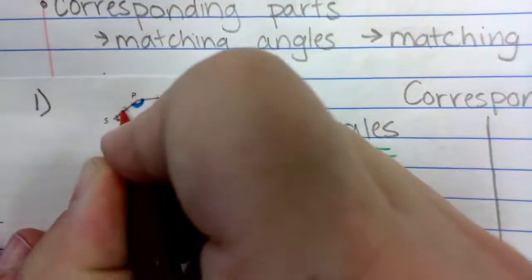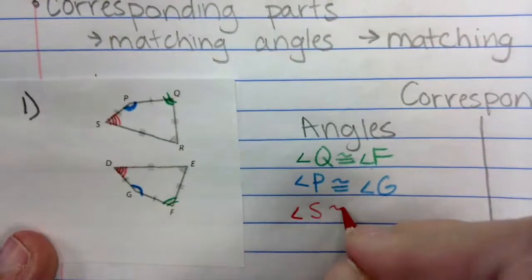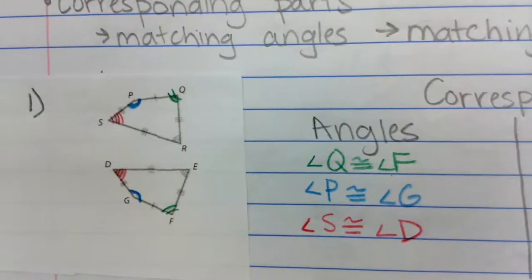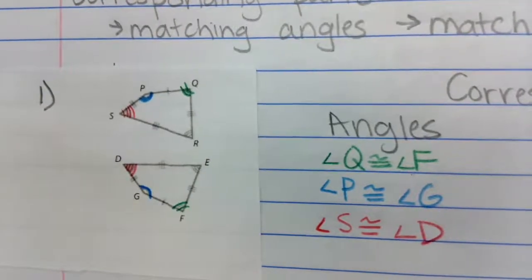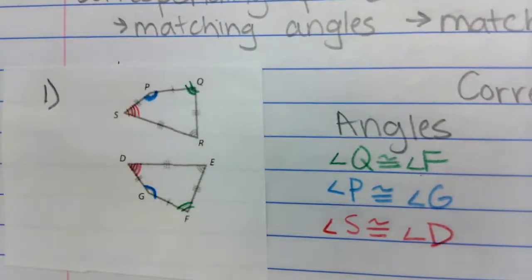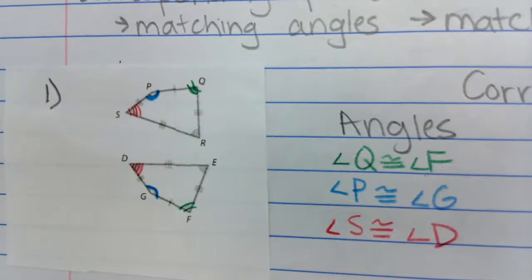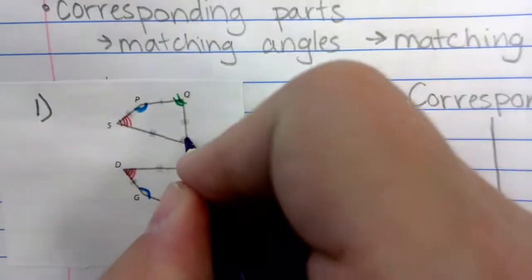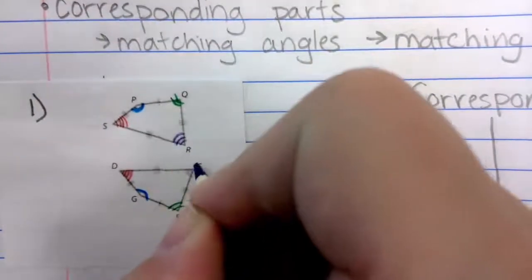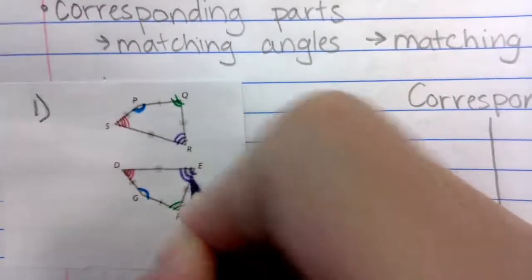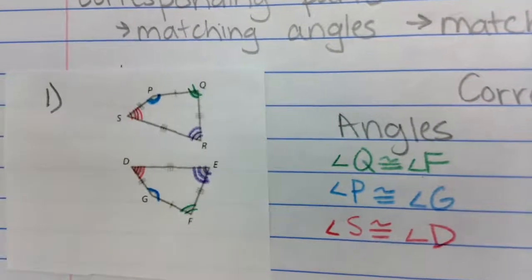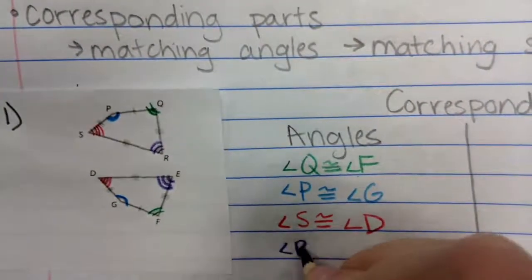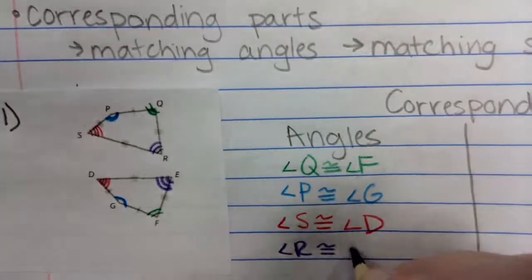Angle S. And then lastly we have angle R is congruent to angle E. That's not true, Owen. Because it has 3 arcs. I made it too small though, so it's hard to tell. Angle R is congruent to angle E.